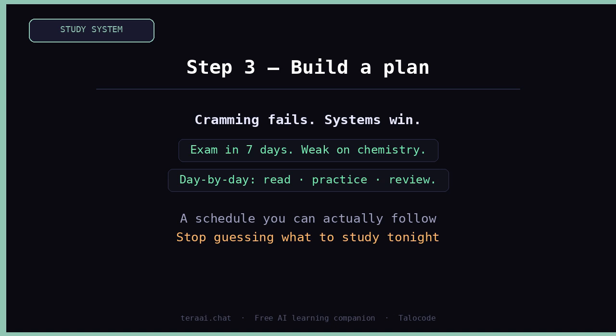Finally, build a learning journal. At the end of each study session, ask Tera, "What did I learn today about photosynthesis? What should I review tomorrow?" Tera remembers your conversation context. It can give you personalized review recommendations.